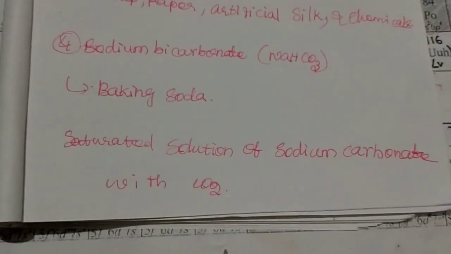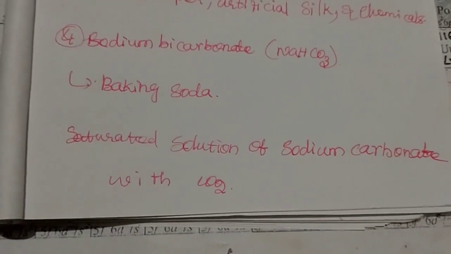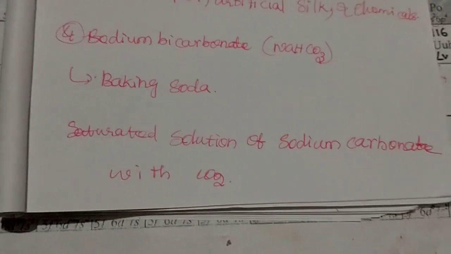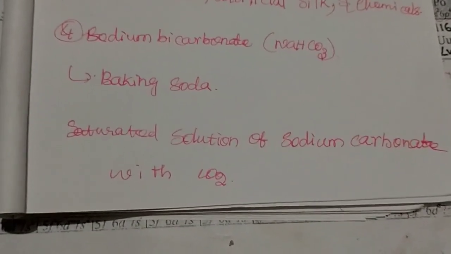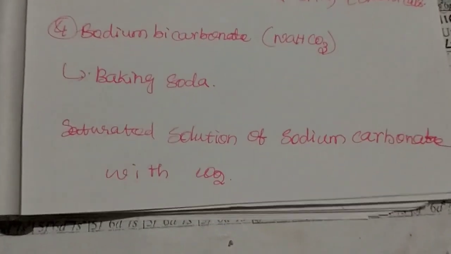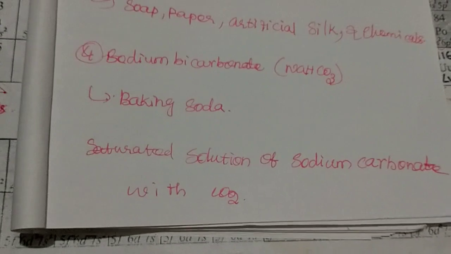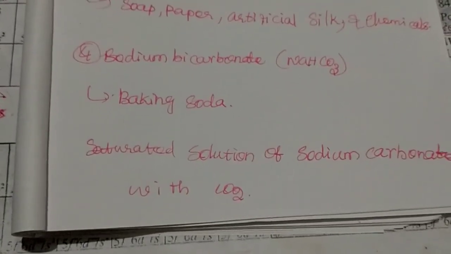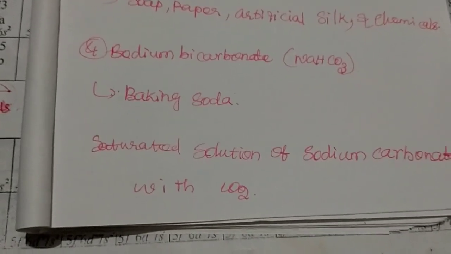Sodium hydrogen carbonate, that means sodium bicarbonate, is used as a mild antiseptic for skin infections. Also sodium bicarbonate is used in fire extinguishers, to put off the fire, to reduce the fire. These are the uses of sodium bicarbonate.